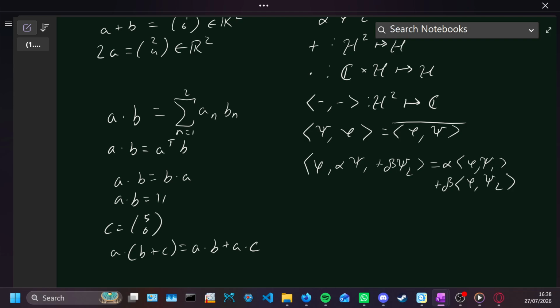Combining these two properties, the first slot isn't actually linear, so if I've got (alpha phi 1 plus beta phi 2) in the first slot, I'm going to pull out an alpha bar and a beta bar instead.